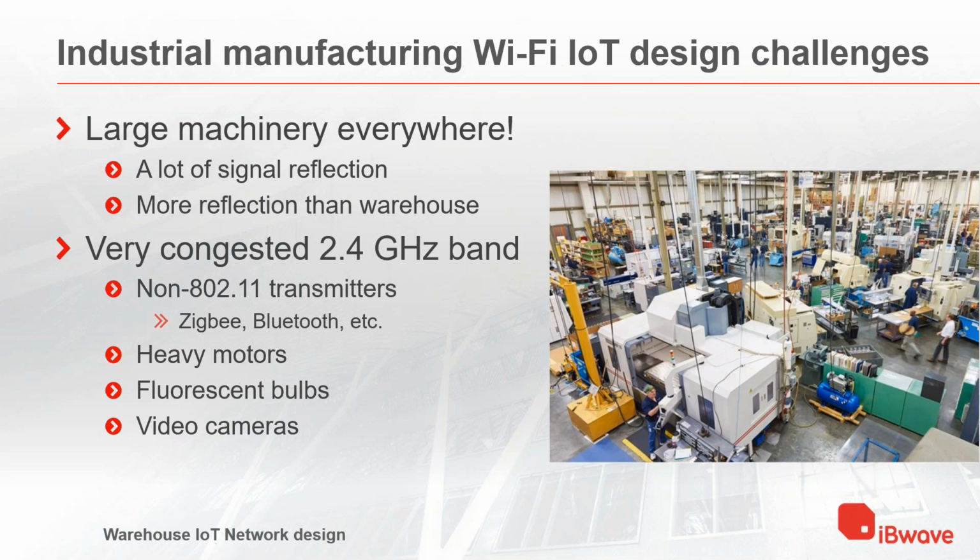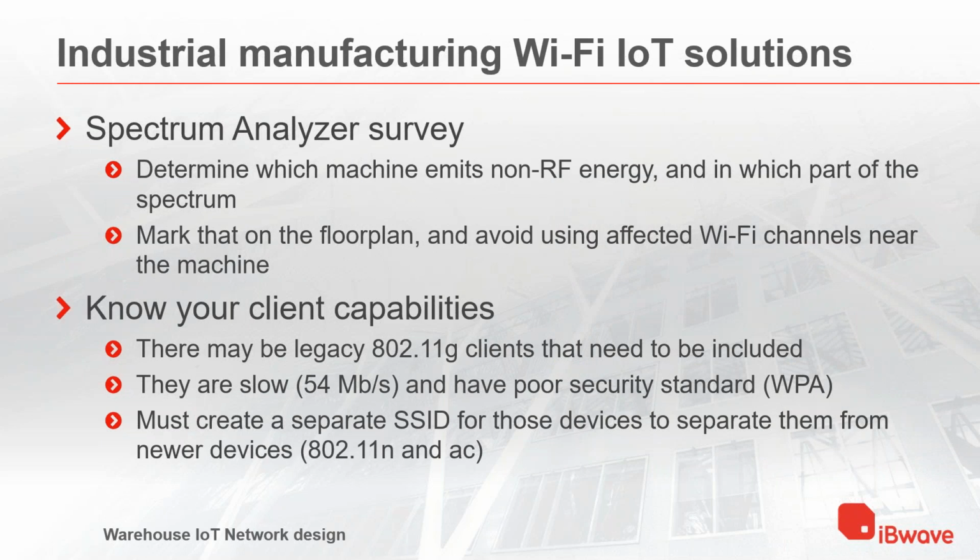In a warehouse, we typically don't have heavy motors, and there are far fewer 802.11 transmitters. Obviously, there will be some fluorescent bulbs and there might be video cameras. So what do we do with industrial manufacturing? Well, the first thing is we have to do a spectrum analyzer survey.